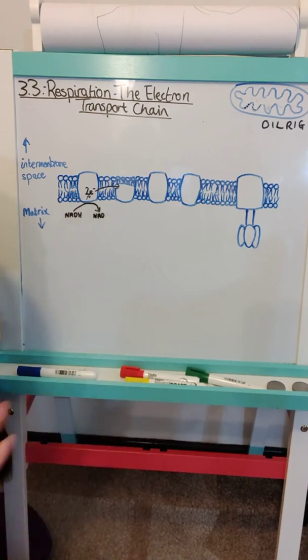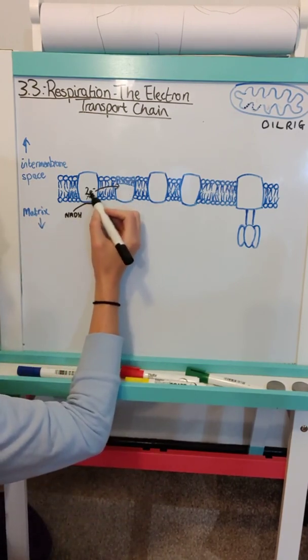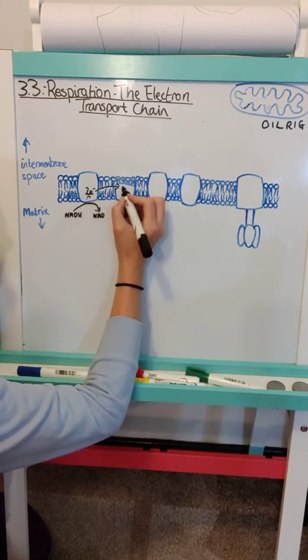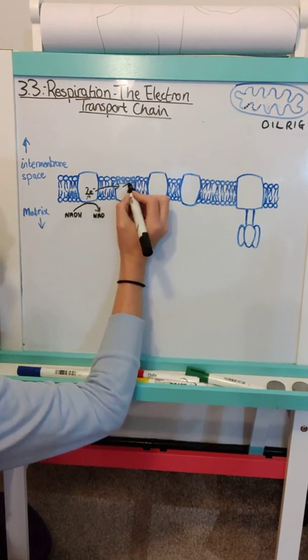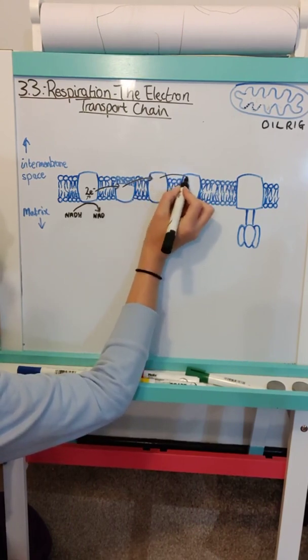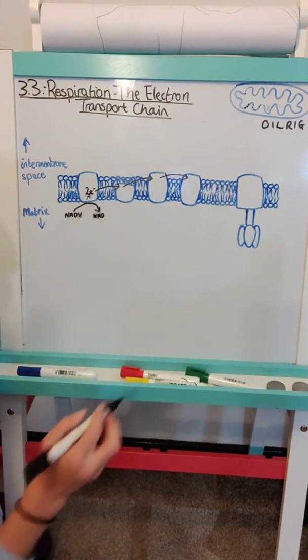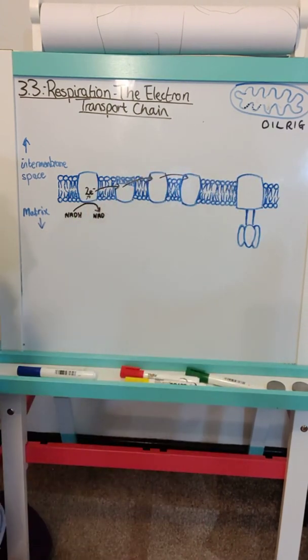So anywhere where the electrons are going is being reduced. So that one's reduced, that one's now oxidized. So you have those 2 electrons again. They move across. And again. So those electrons are moving down along the chain.